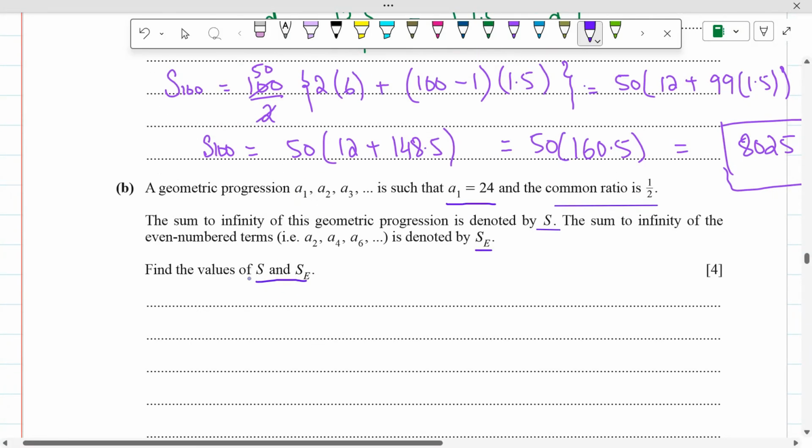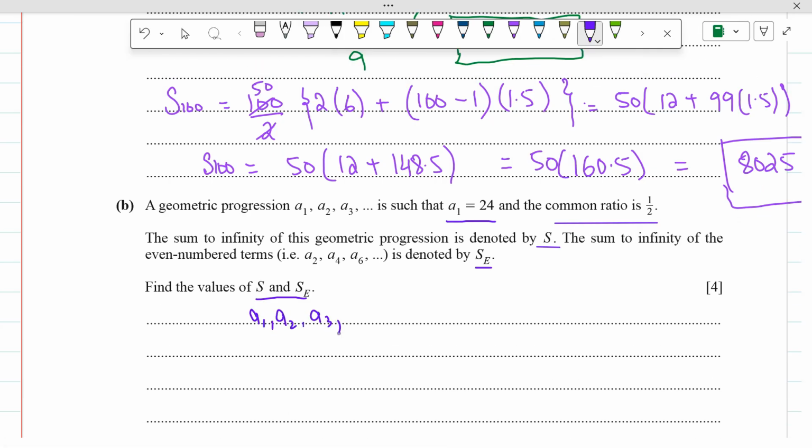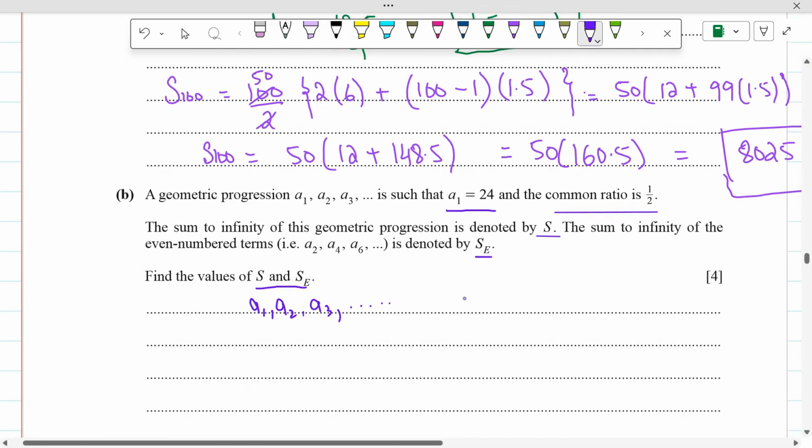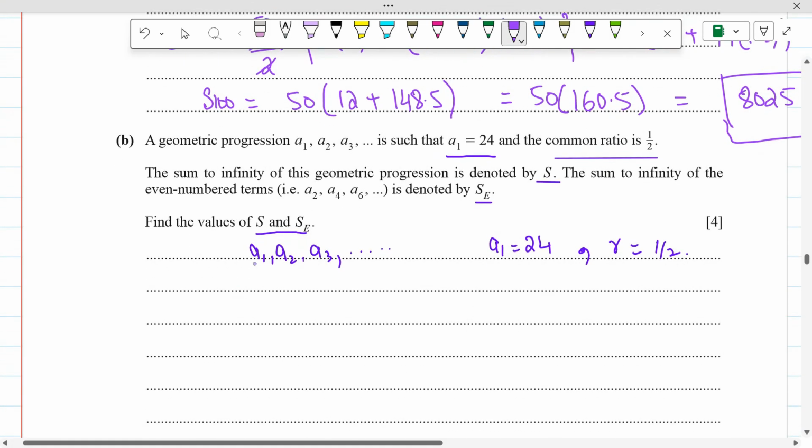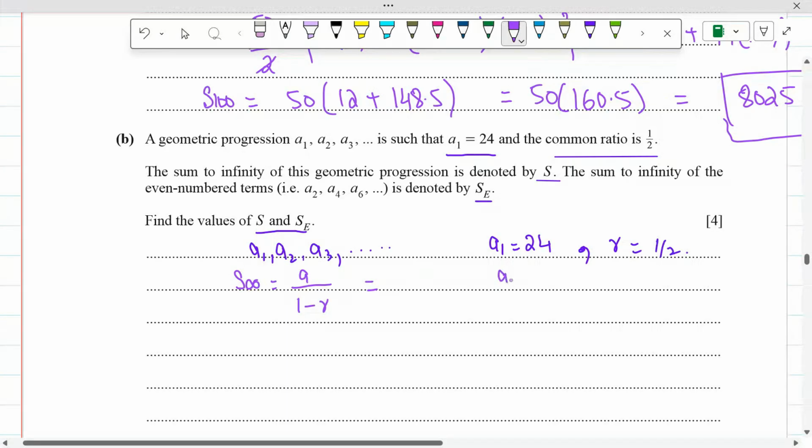First we find the value of S, because the geometric progression is a1, a2, then a3 and it moves on. In this case a1 is equal to 24 and the common ratio is equal to half. And we know that the sum to infinity formula is a over 1 minus r, where a is the first term, which is a1, equal to 24.